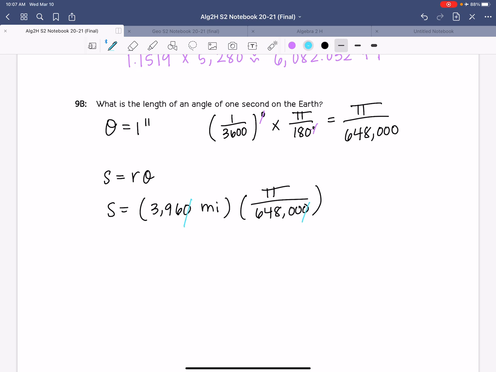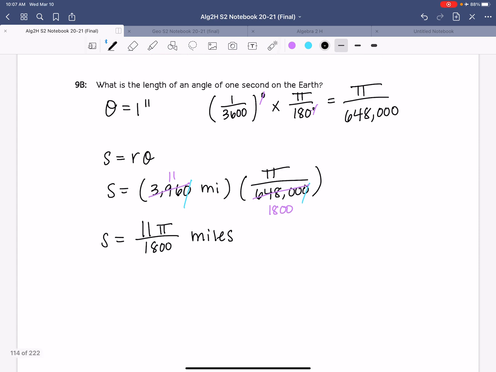These would cancel, those would cancel. Again, 36 is going to go into both of those numbers. So you guys should have got 11. And this one would have been 1,800. So we get S is equal to 11 pi over 1,800 miles.